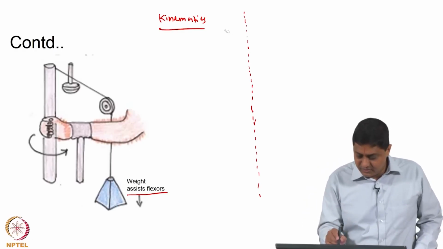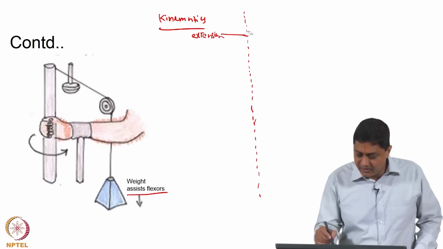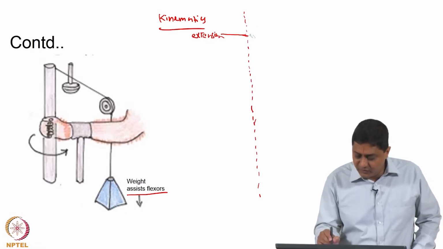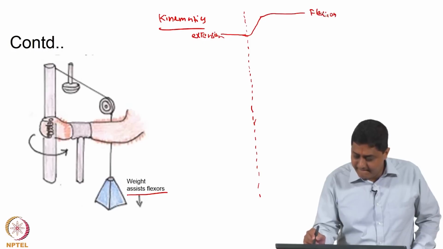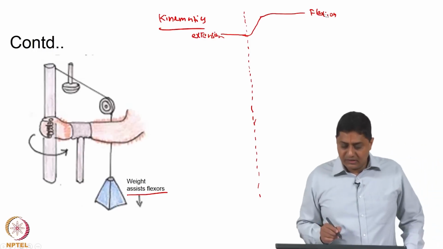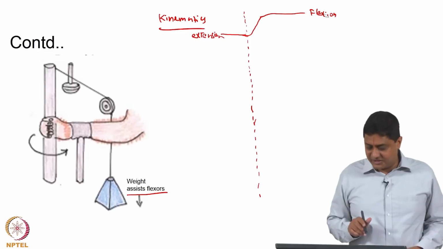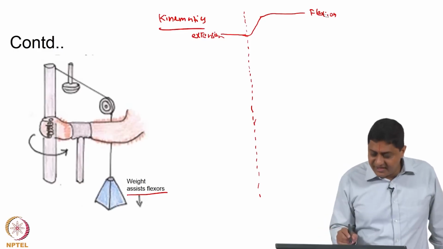Okay. So, let us say that is extension of the wrist, and then if this curve goes up, that is considered flexion. Now, note that this kinematics is the same in all the experimental conditions, right. Now, what are the various experimental conditions?